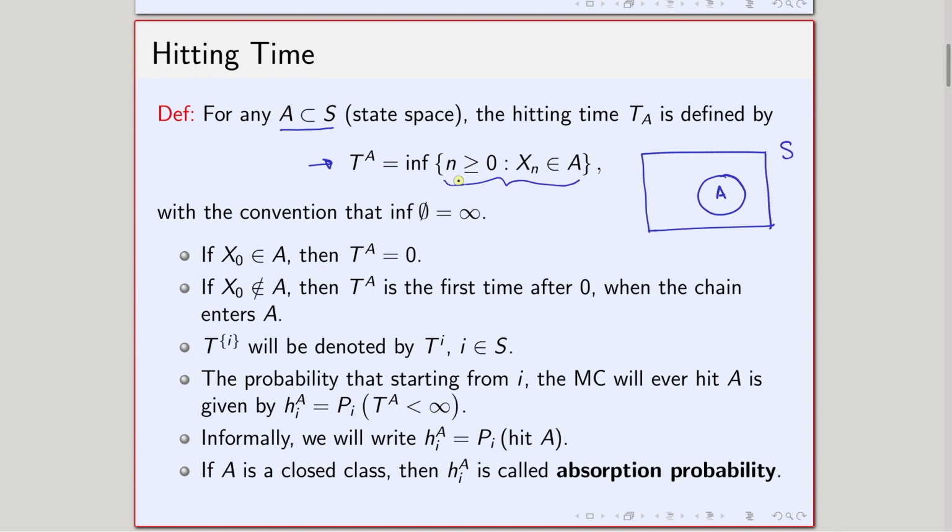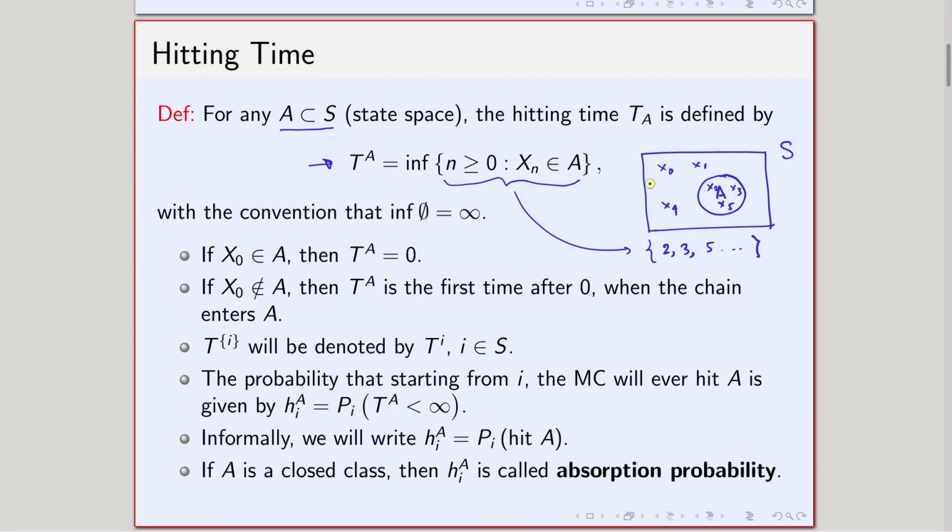I am taking the collection of all possible values of n greater than or equal to 0, of course n are integers in our case, such that X_n belongs to A. So, maybe X_0 is here, then X_1 is also here and X_2 enters here, X_3 is here, then maybe X_4 comes out of the set. In this example, the set will look like 2, 3, and then X_4 is outside, X_5 may be inside, so 5 and so on.